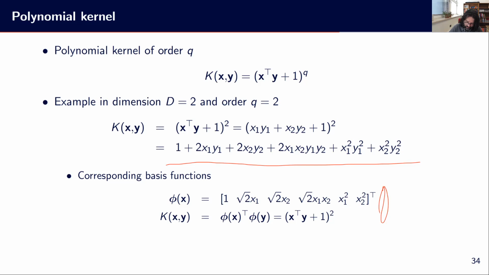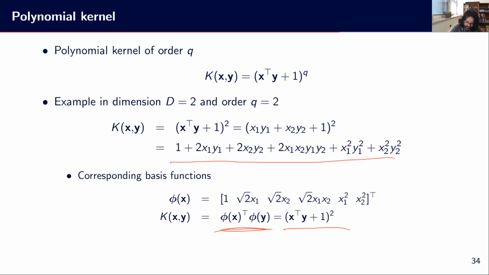So basically we have the phi of x, which is made in fact of 6 dimensions. We have the dimensions of, this is constant, square root of 2 x1, x2, x1 times x2, x1 square, x2 square. So this is corresponding basically to this product. So it's like this thing, and that is equivalent directly to that.